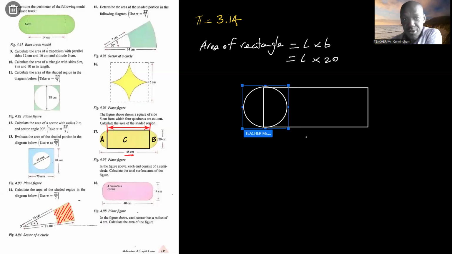I don't know how to copy and paste. They don't allow me to copy and paste. I would have liked to do the same thing. So look, I have that circle there. I'm going to draw another circle on this side.